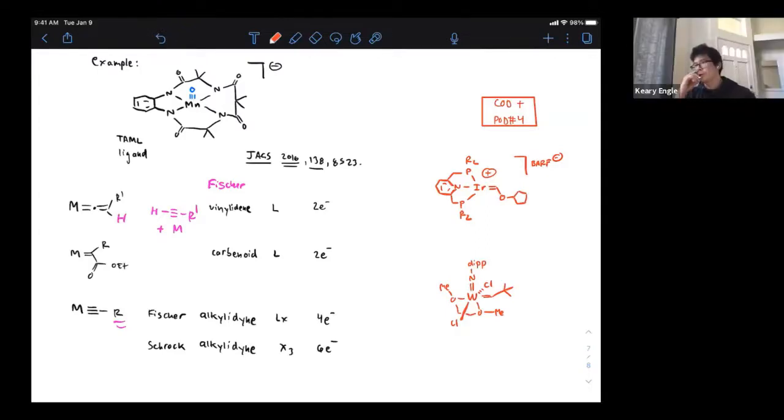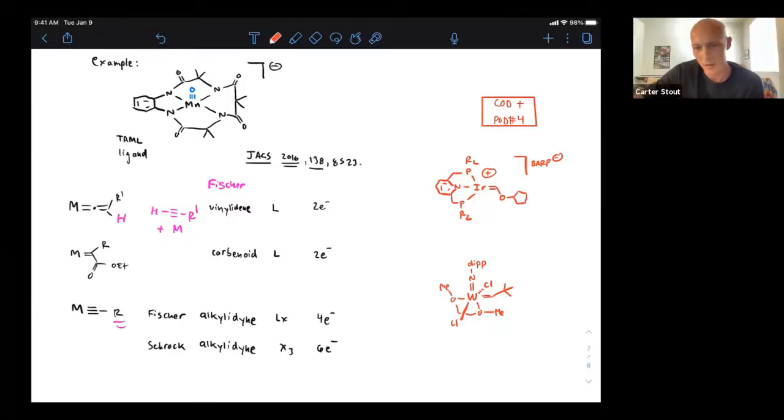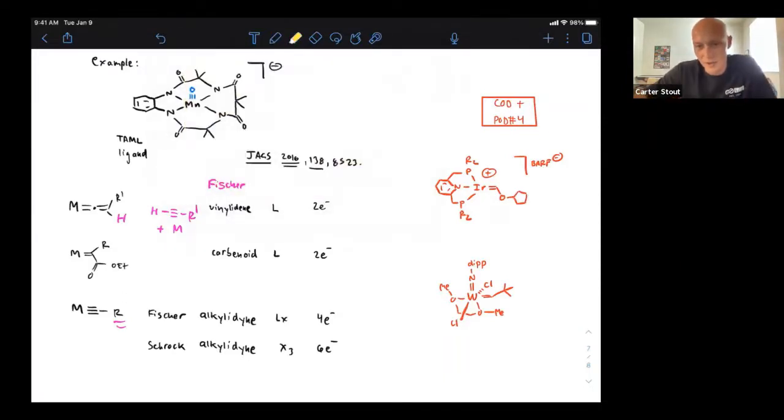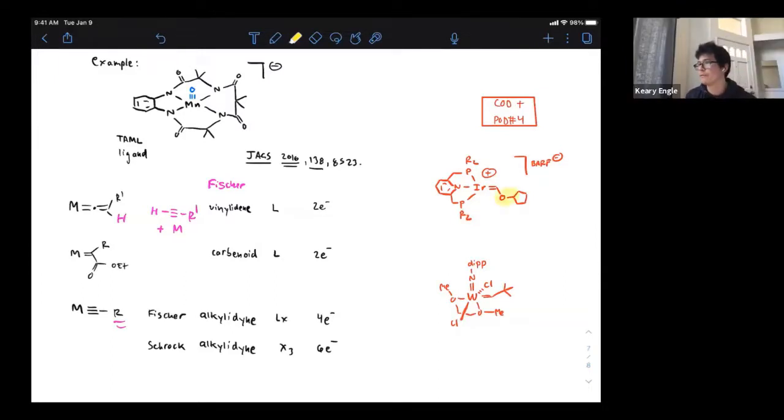Okay, maybe first let's take a look at this carbene. Is this going to be Fischer type or Schrock type? It has the oxygen in the R position, so that's an argument for what type? Yeah, pi donating.